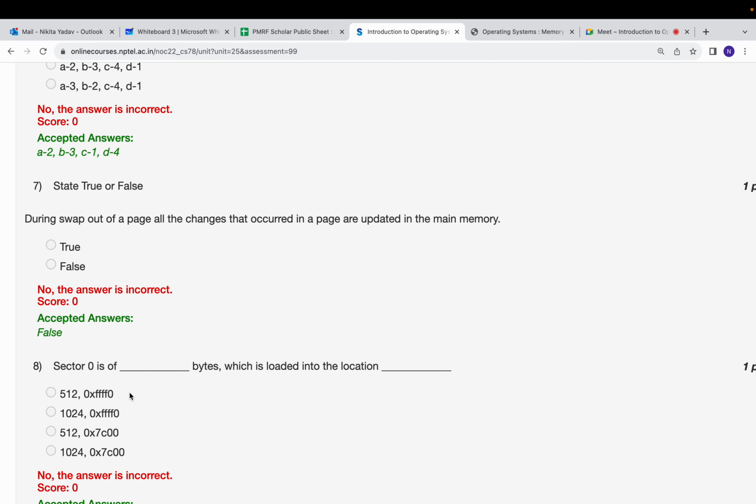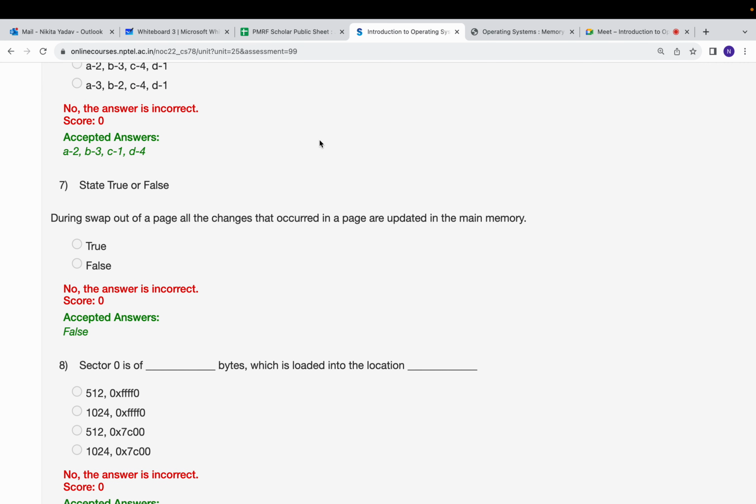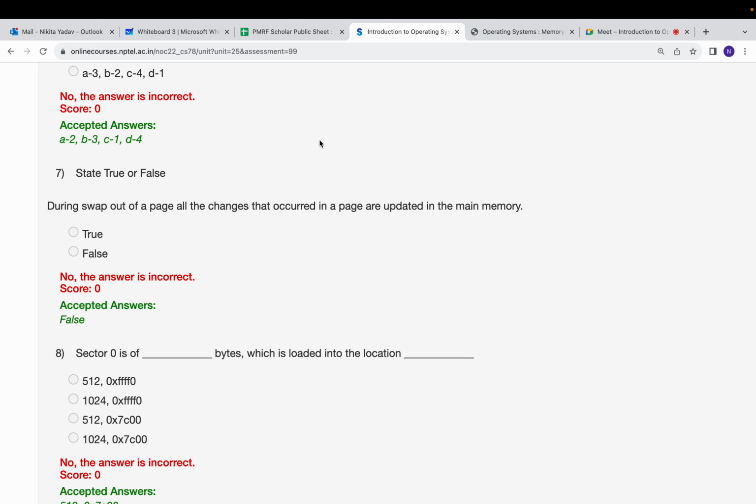So this question, sector 0 is of dash bytes which is loaded into the location dash. I think this is a very factual question, and you would know this if you have looked at the PC booting lecture, boot up. So what is the answer to this question?